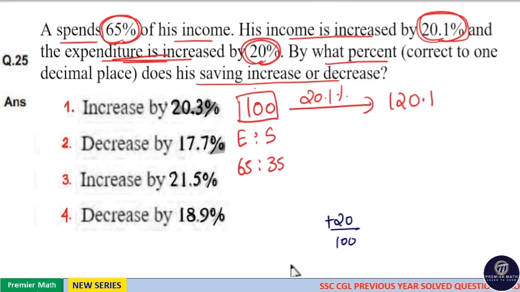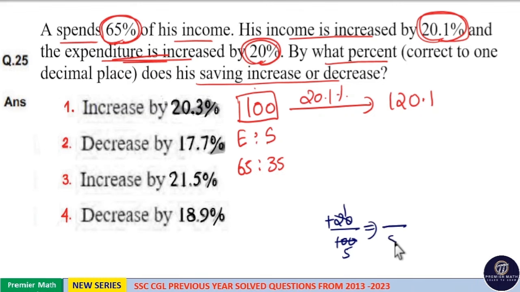Increment means plus. So, 20 by 100 means 1 by 5. So, plus 1 by 5 means if 5 part is the initial expenditure, 5 plus 1, 6 part is the new expenditure.